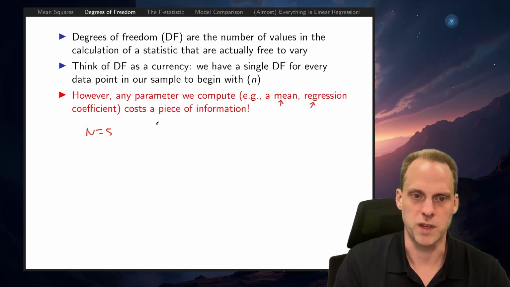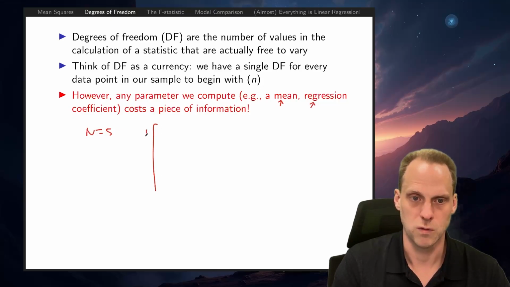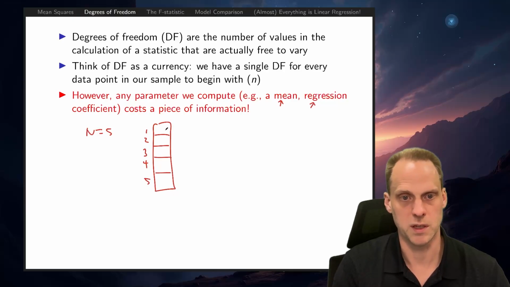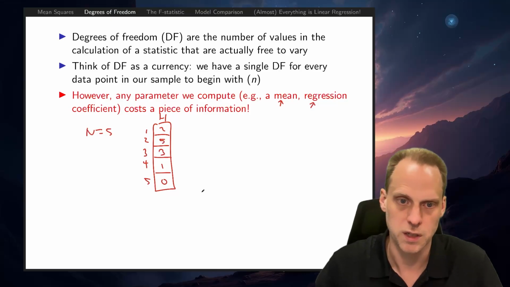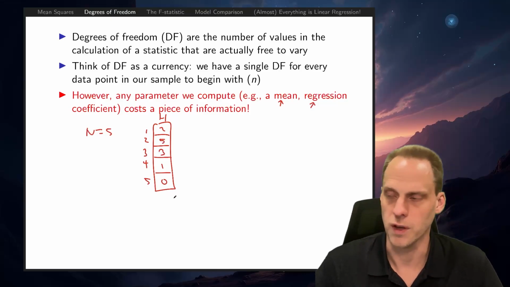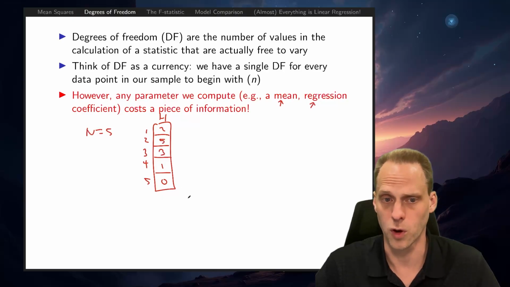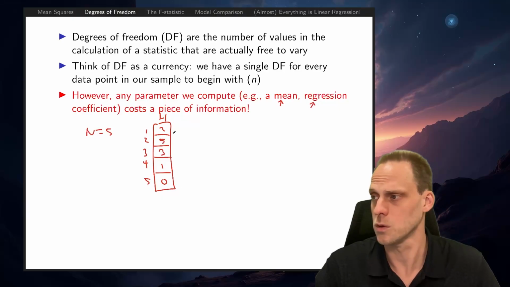And so we have 5 data points. So 1, 2, 3, 4, 5, yeah? And these are just 5 scores that we observe. Maybe happiness, yeah? Maybe a 2, a 5, a 3, a 1, and a 0, like some scores, right? These 5 values are information. They tell us something. They inform us about the happiness score in the sample.